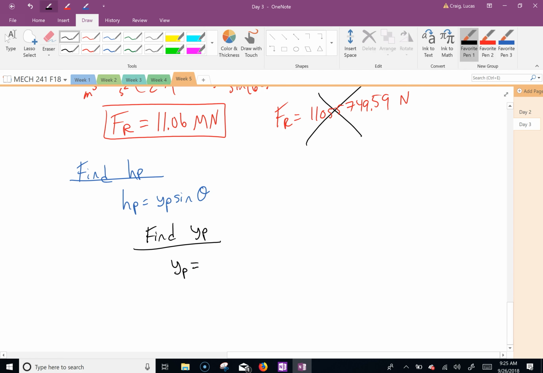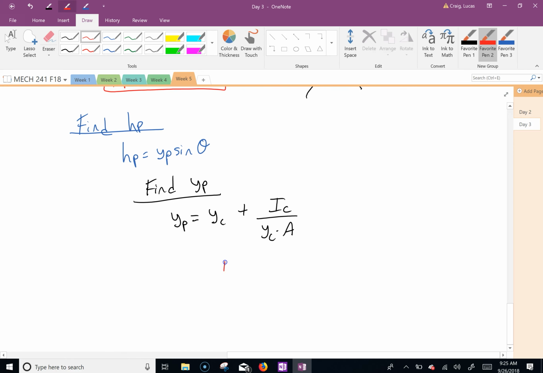YP equals YC plus IC over YC times A. Okay, and I'll find YC first, and that's using trig.